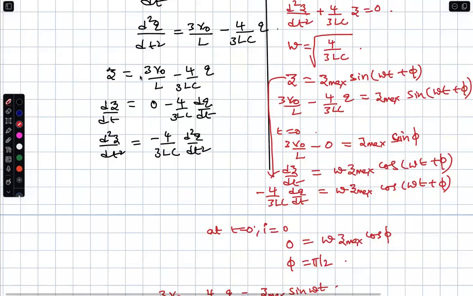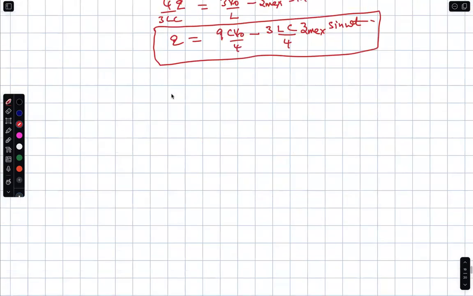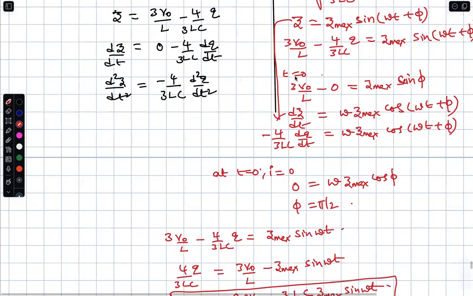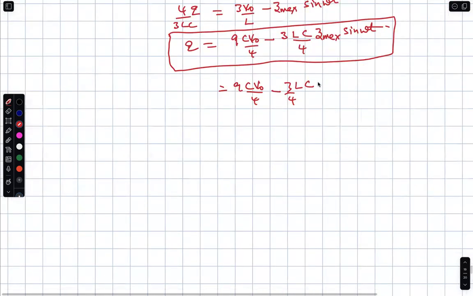When Q is equal to 0, z maximum is 3V naught by L. So that is 9CV naught by 4 minus 3LC by 4 times z max, which is 3V naught by L, times sin omega t.